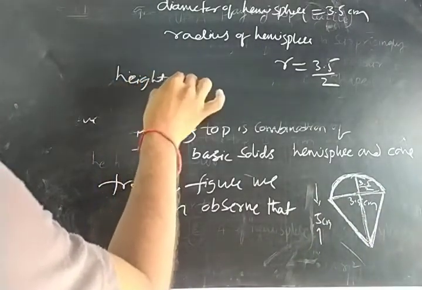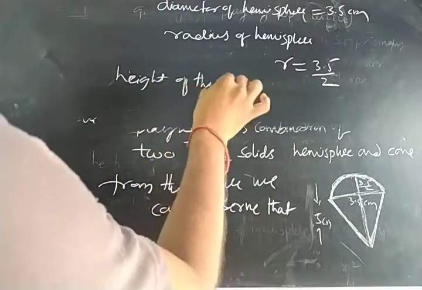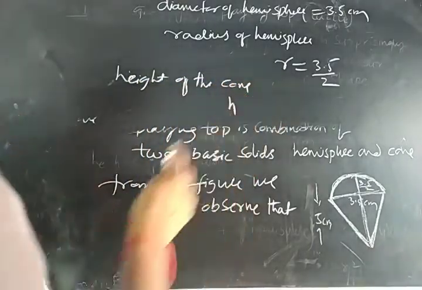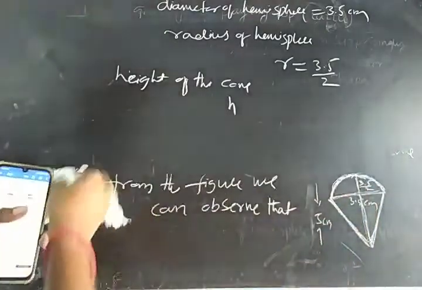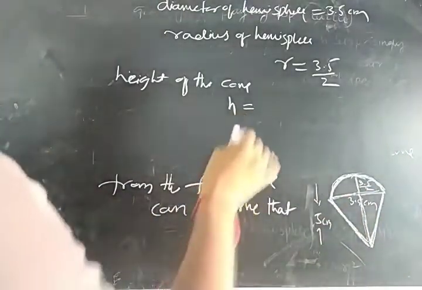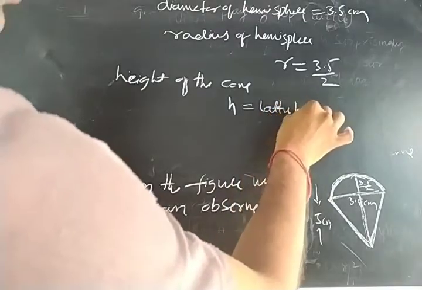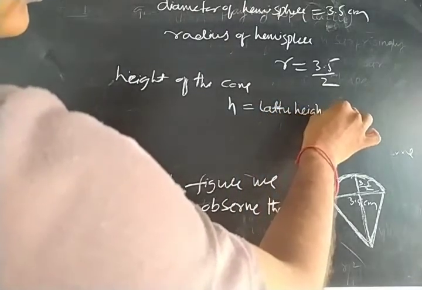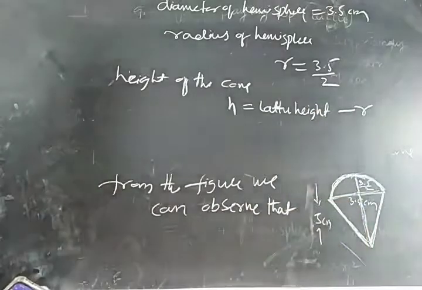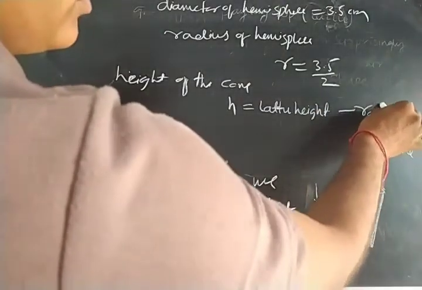Height of the cone, taking as h. How to get the height of the cone? Height of the cone, h equal to lattu height. From the lattu height, I am subtracting the radius of the hemisphere.